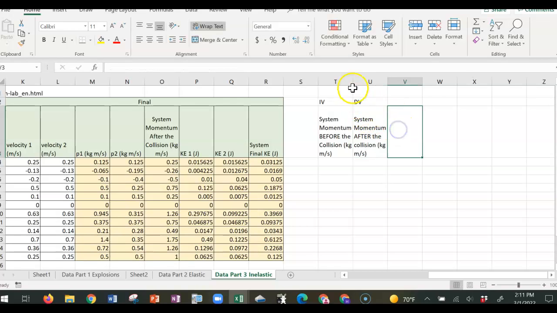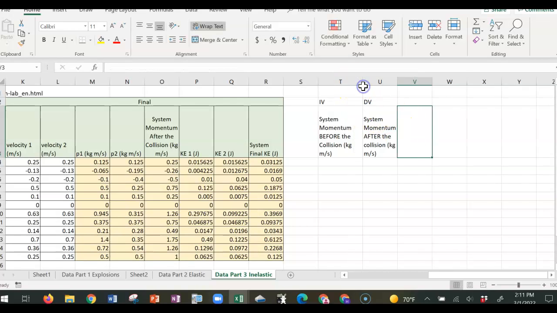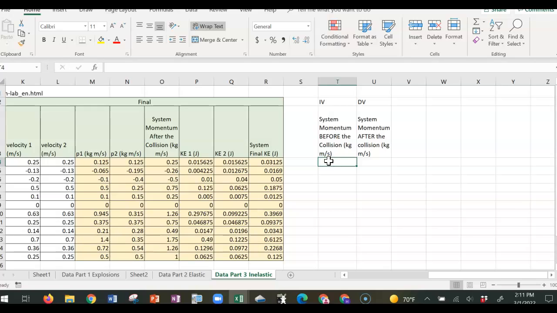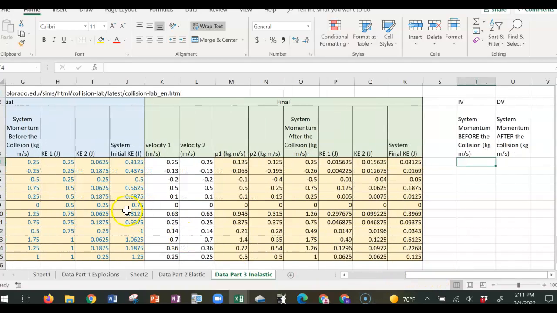Okay, so now I have my tables set up, and I want to copy the system momentum before the collision, so I'm going to go to that part of the table. These cells have formulas in them, and if I paste the formula, I will get something that's garbage.